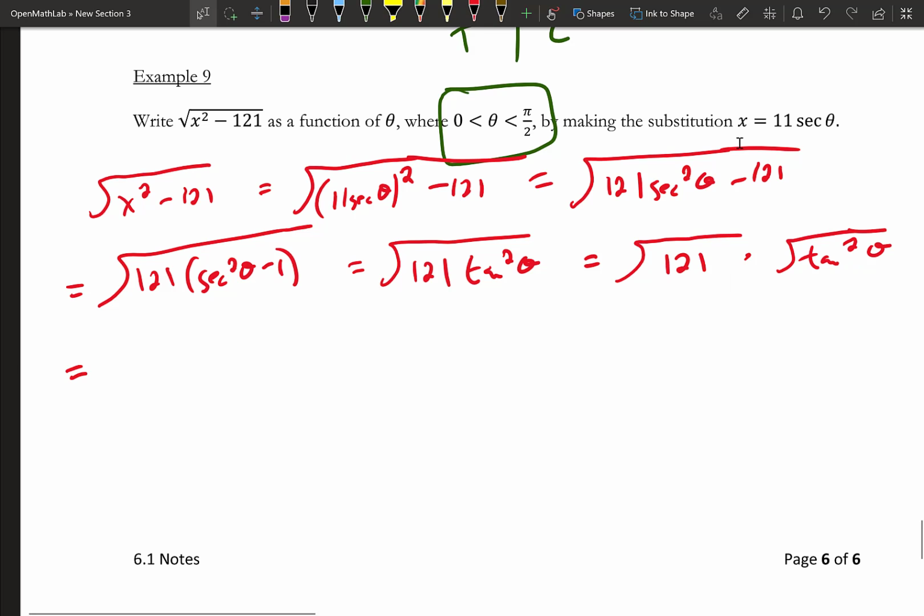So this equals 11 tan theta, after taking the square roots of both of those. And same as before, we don't have to worry about the sign; it's going to be positive because of our restriction on theta.